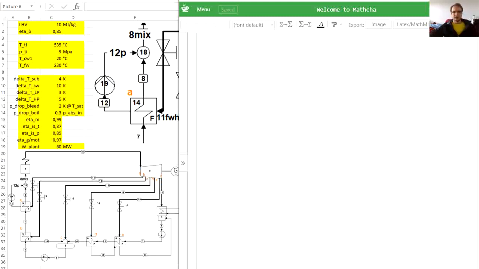Now we will solve the energy balance for the first feed water heater and eventually for the node for the mixing.